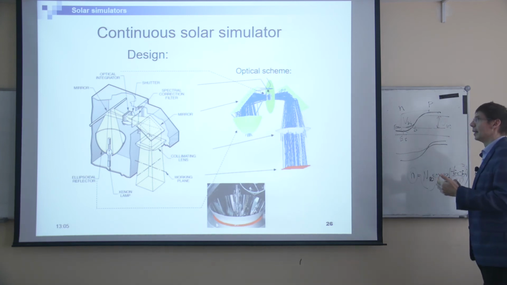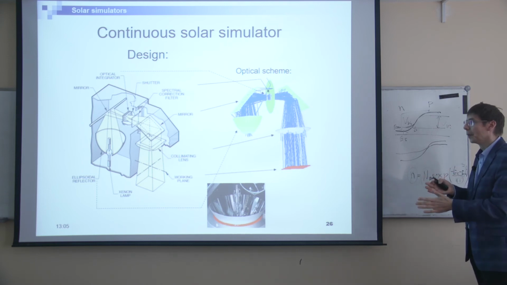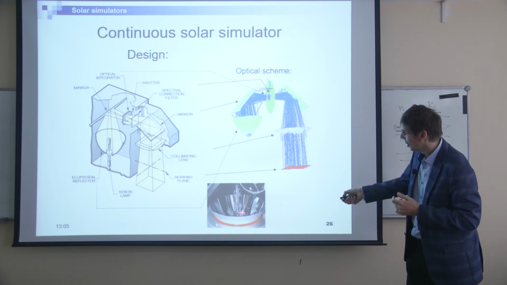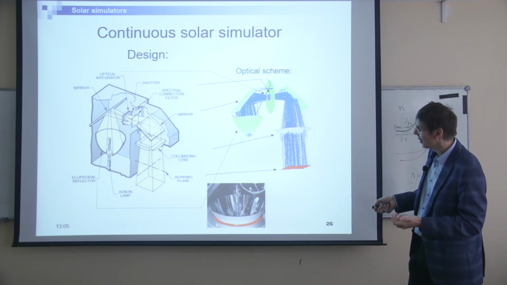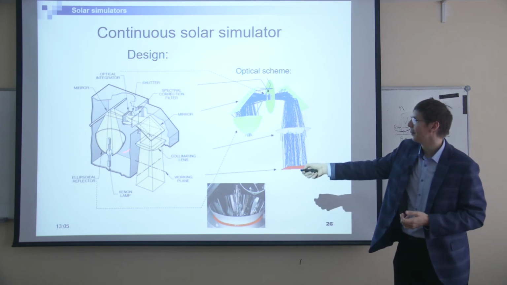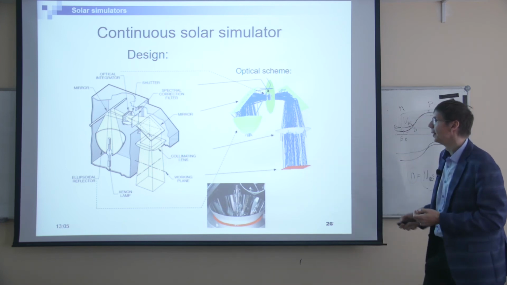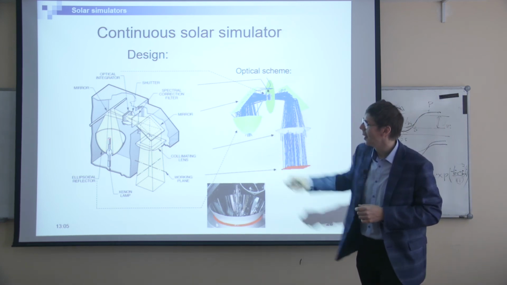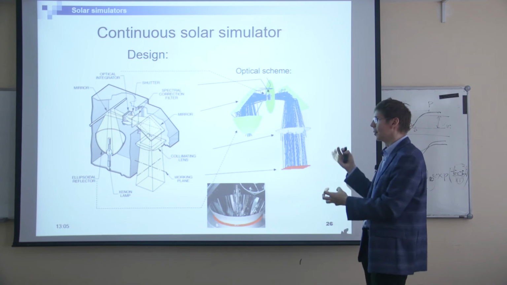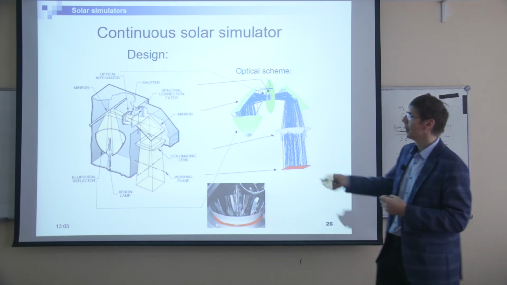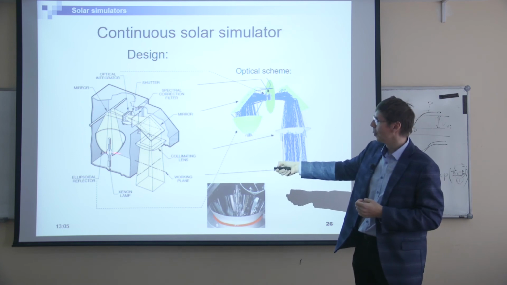So it makes your light more uniform. Maybe you cannot see here, but this is a picture of the lamp and the reflector. The lamp has an electrode, and you have to connect this electrode using some wire, and the light goes here.